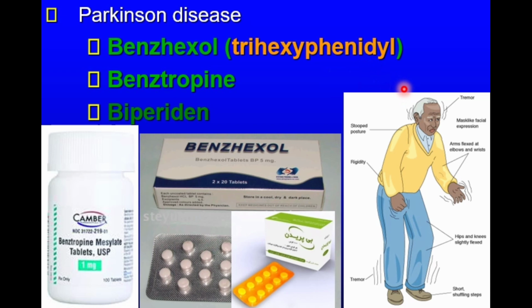As you know, in a stratum of Parkinson's patients, there is a shortage of dopamine relative to acetylcholine. One way to restore balance is to reduce acetylcholine activity by benzhexol.